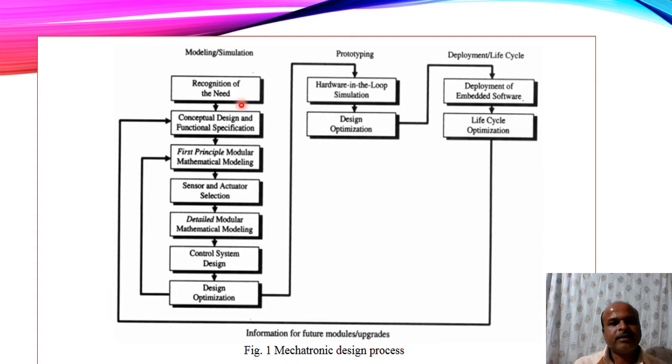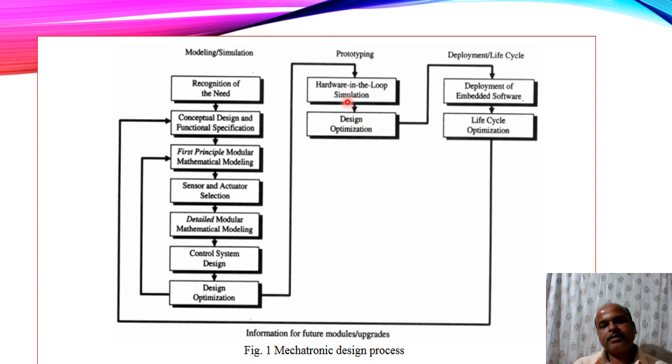First is recognition of need, then conceptual design and functional specification, then first principle modular mathematical modeling, then sensors and actuator selection, then detailed mathematical modeling, control system design, design optimization, then prototyping.